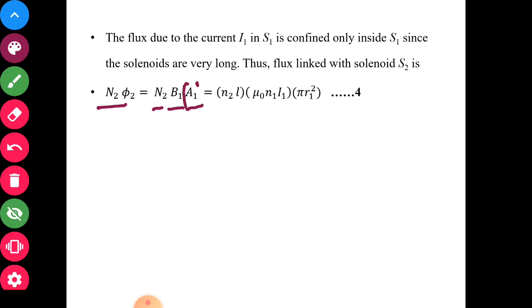Try to understand, this area we have to take that of the first only, not of the second, because the flux is confined within the smaller solenoid. That is why here we don't write A2, it is written as A1 only.